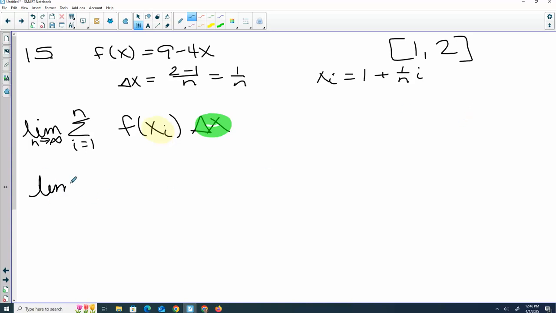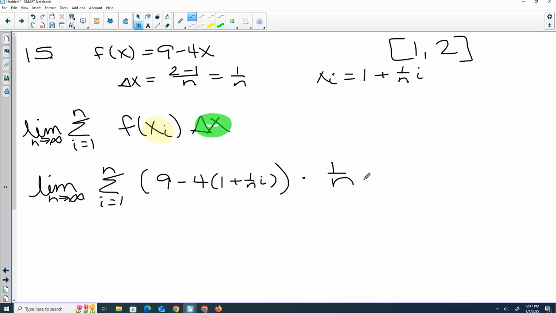No, that's the limit as n goes to infinity. Sum from 1 to n. F of x sub i says you go to your function and you replace x with x sub i. So 9 minus 4 times 1 plus 1 over n, times the change in x, which is 1 over n.